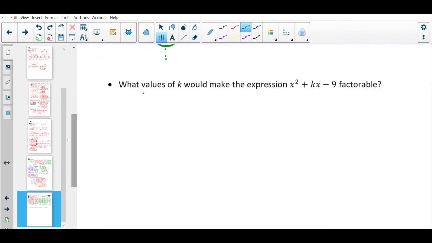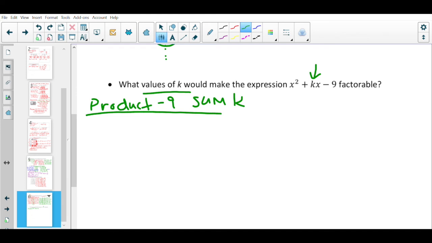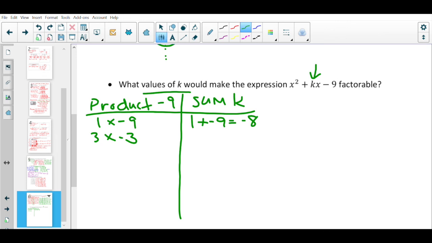Okay, what values of k would make the expression x squared plus kx minus 9 factorable? So this time the k is in that position. So what has a product of negative 9 and sum of k? So let's build that table. Product of negative 9, that's 1 times negative 9, and 1 plus negative 9 equals negative 8. 3 times negative 3, 3 plus negative 3 equals 0.